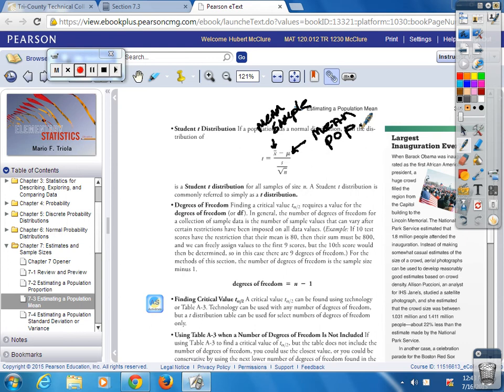The parameters for the population are mu and sigma. Remember, they're Greek letters. Greek letters, population, parameter. Sample is just regular letters, x and s. So what's this s right here? That is the standard deviation for the what? Sample.